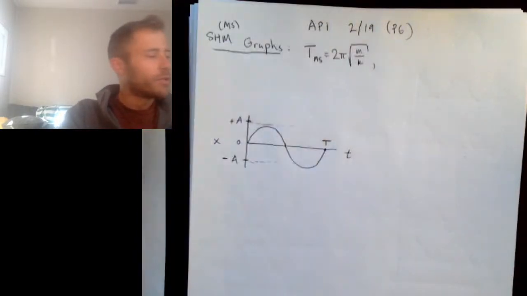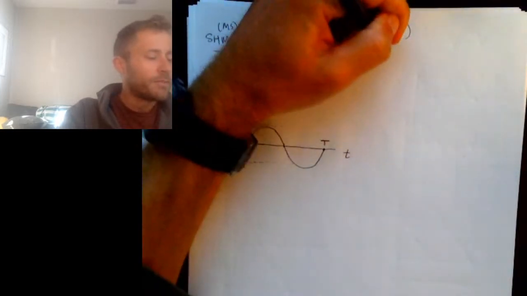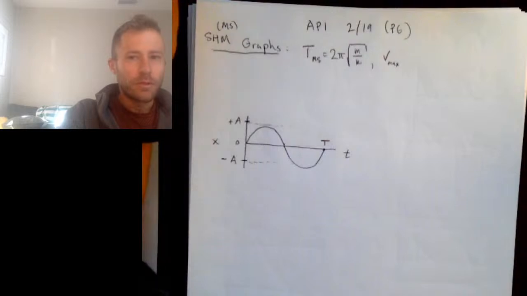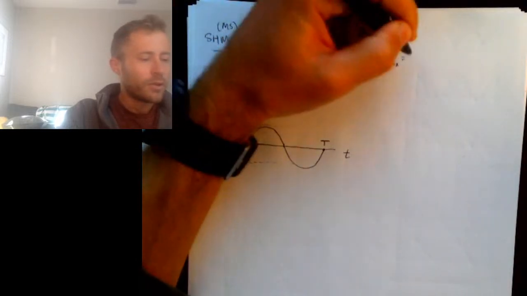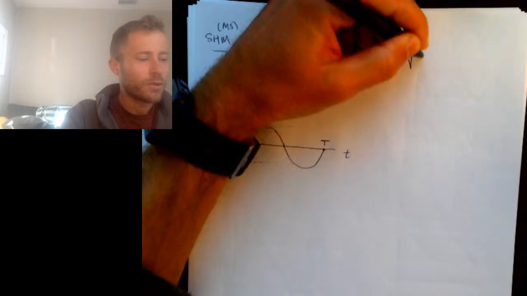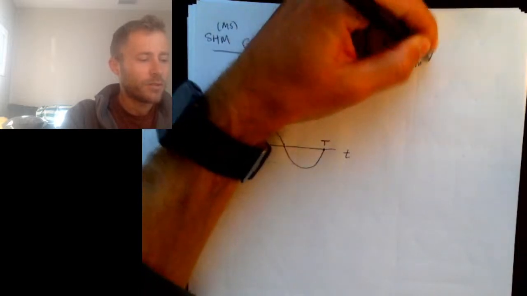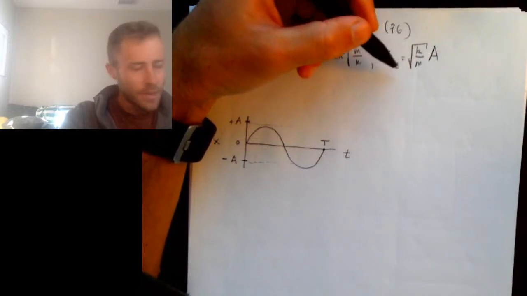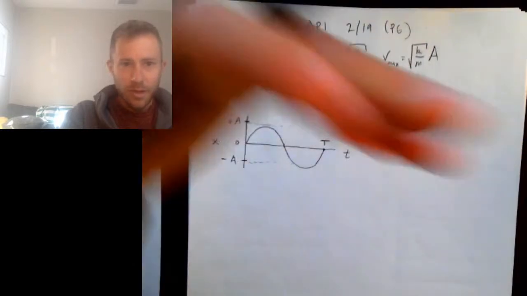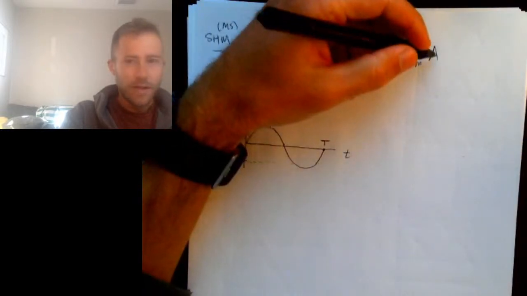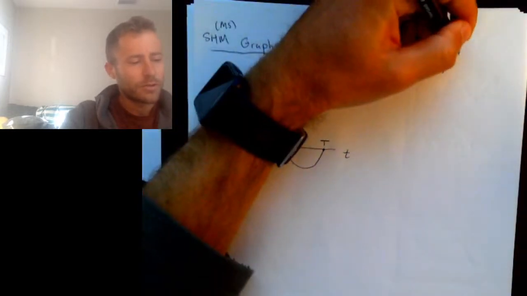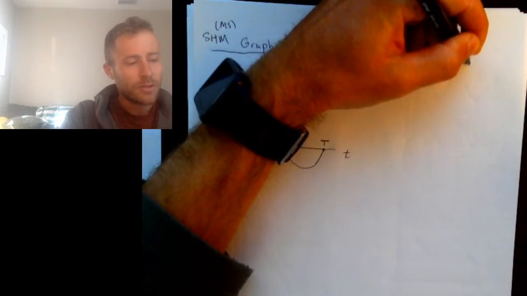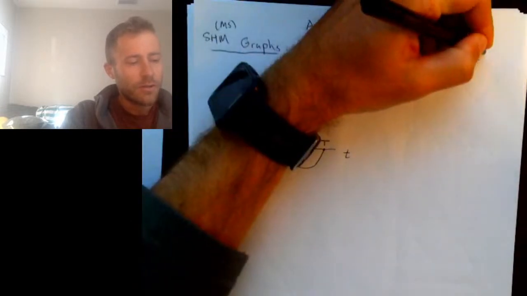We learned an equation for the maximum velocity in simple harmonic motion, which is square root of k over m times the amplitude. Just to remind you, k is the stiffness of the spring, m is the mass going back and forth, and capital A is the amplitude. We also learned an equation for the maximum acceleration, which is k over m times A, with no square root.